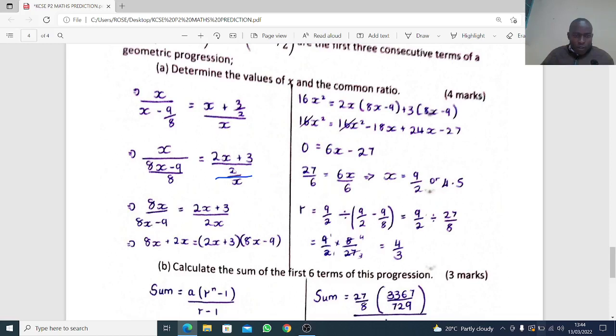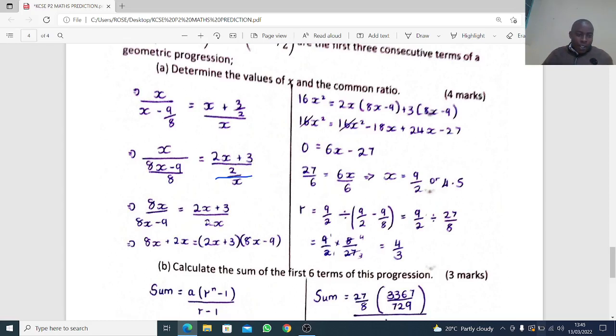This is also a division, equals 2x plus 3 over 2 divided by x over 1, so times 1 over x, so it becomes 2x plus 3 over 2x.